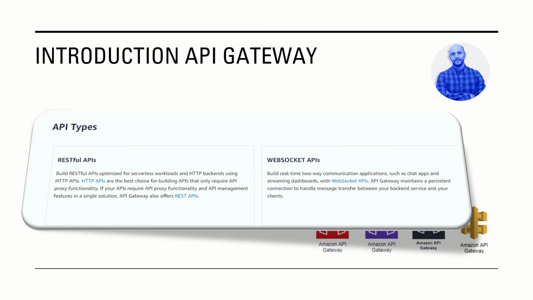I will show you the way to do this. And of course, if your business needs real-time two-way communication, like chatbots, dashboards, and stream data, you can use WebSocket APIs with API Gateway.